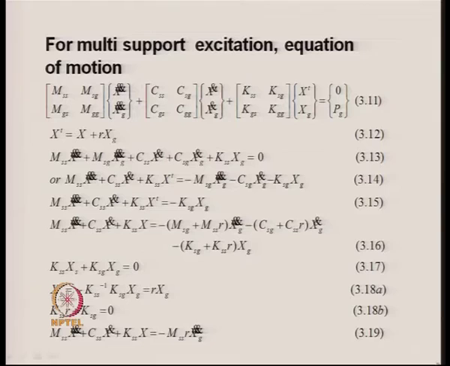Now, since the definition of R was minus K_SS inverse K_SG into x_G, from that one can easily show that K_SS into x_S plus K_SG into x_G is equal to 0, and therefore, in equation 3.16 this term becomes equal to 0.